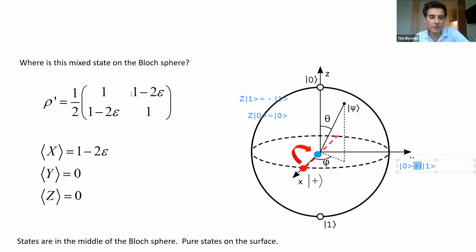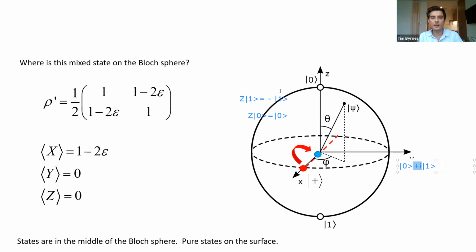So basically what this phase flip channel does is wipe out this phase. Whatever phase you had, for this extreme case where epsilon is a half, it wouldn't matter what phase you had, it would totally wipe it out.